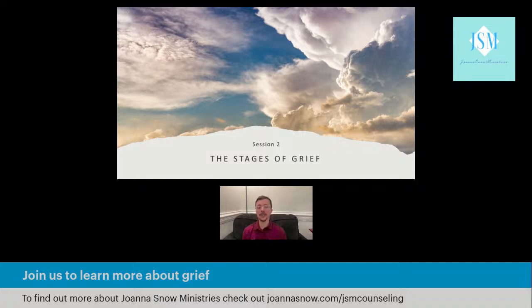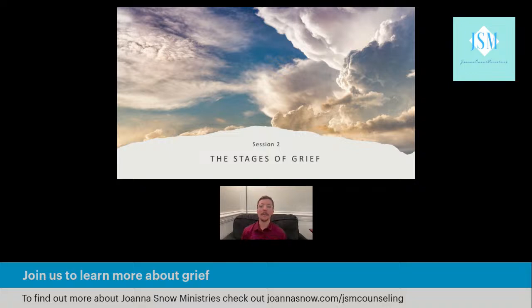Several people over the years have proposed these models for the stages that people move through as they grieve, through the grieving process. If you type in just stages of grief online, you're likely to find tons of articles. Some have 5 stages or steps, some have 7 stages, some have just a few.